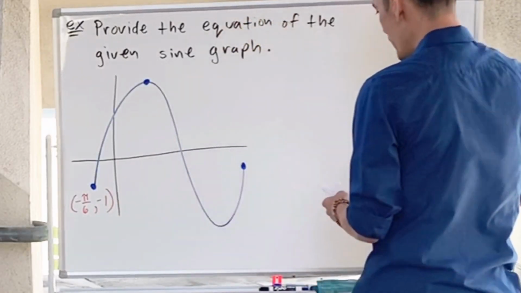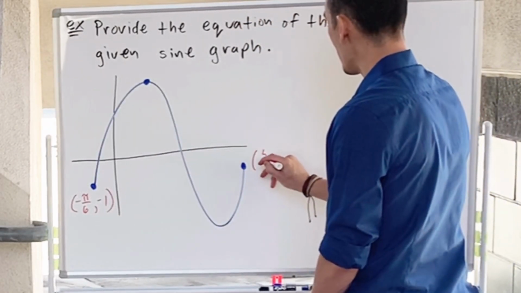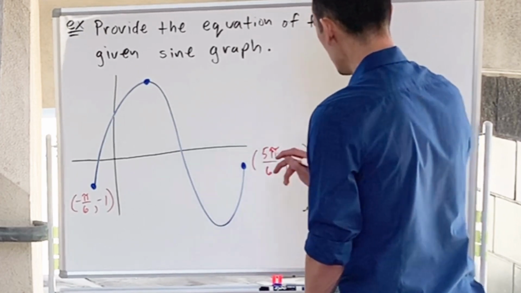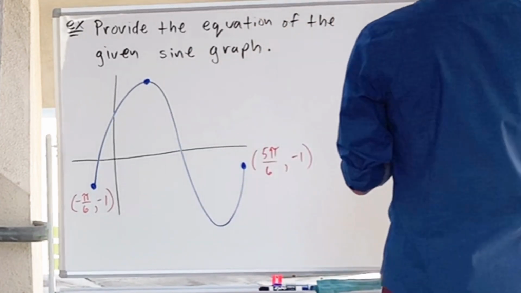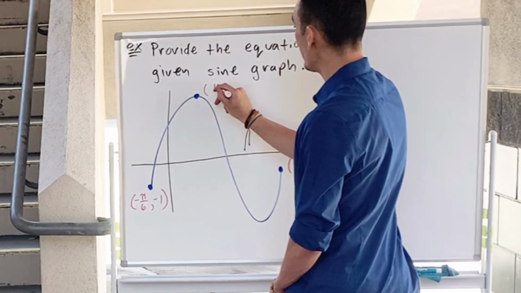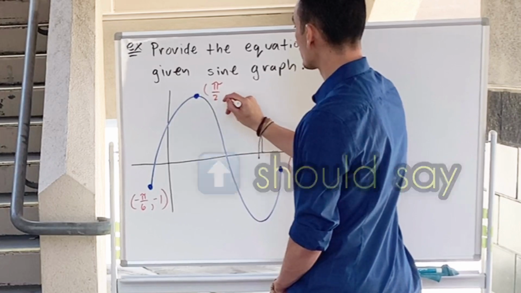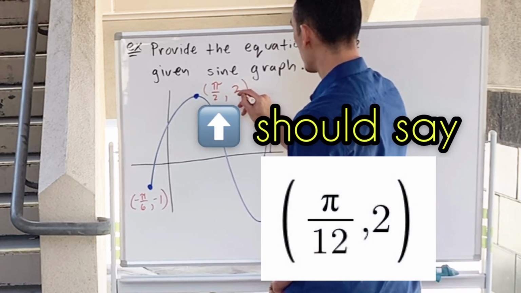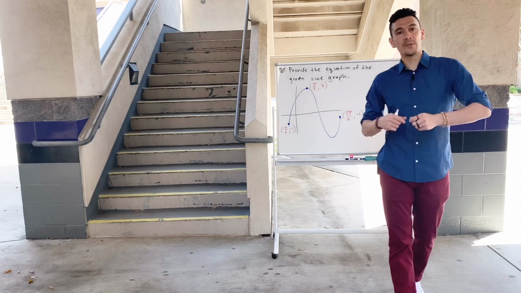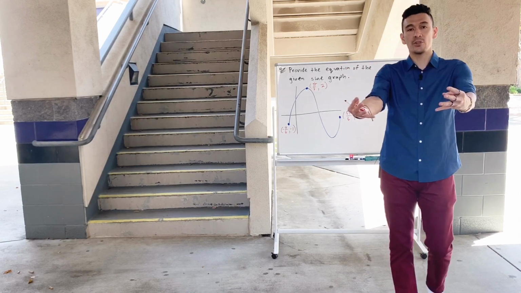I'll tell you the end point is at 5 pi over 6, comma, negative 1. And this random point up there is going to be at pi twelfths, comma 2.